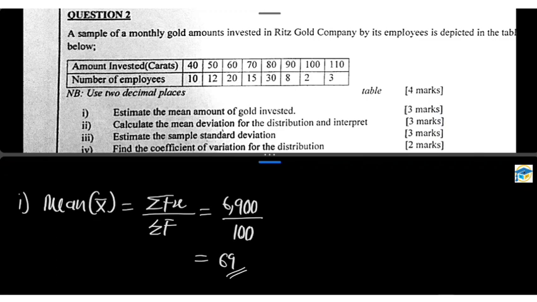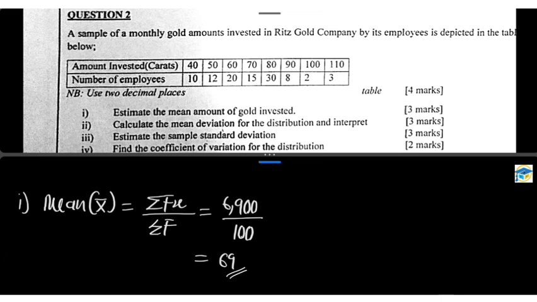The next requirement is to calculate the mean deviation for the distribution and interpret. How do you calculate the mean deviation? It's always best for you to know the formula, and that will help you to know the number of columns you're going to produce so that you can easily calculate in that particular case.